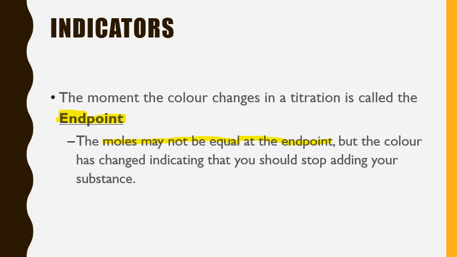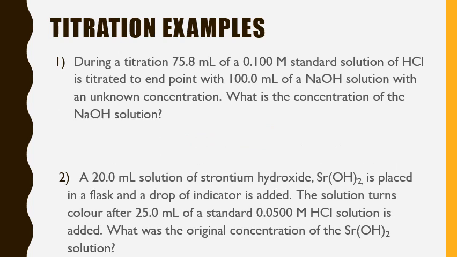So the end point and the equivalence point may not actually be the same number. But we use the end point to stop our titration and determine roughly what the equivalence point was. So this is a systematic error that exists within all titrations.